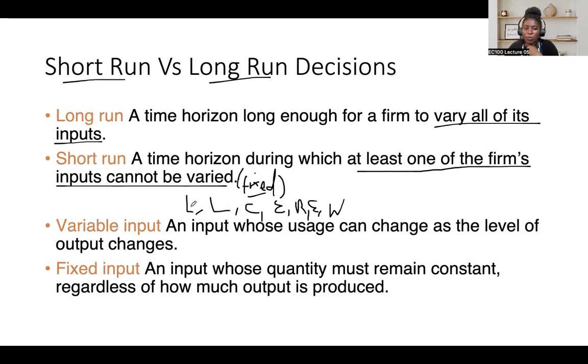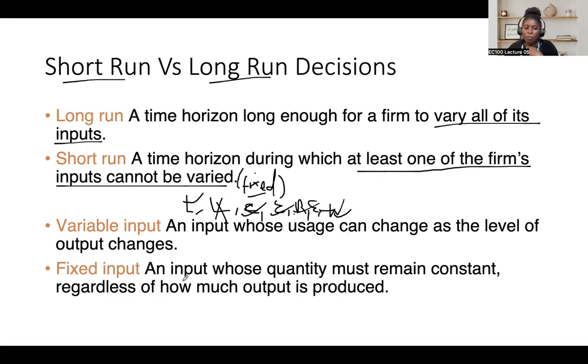So this person was able to change the number of farmers, could increase over the next 6 months. Land, not really. Capital, maybe you can, because you're just getting a tractor, hiring and return. Electricity, raw material. So all these probably are easy to change. So we call this variable.